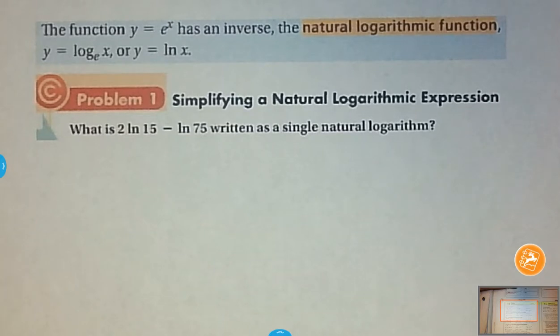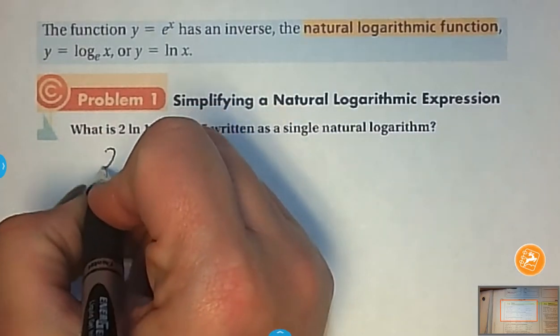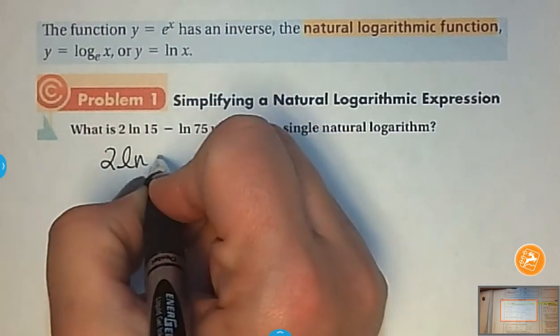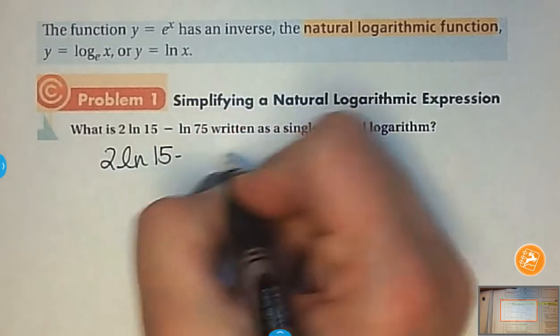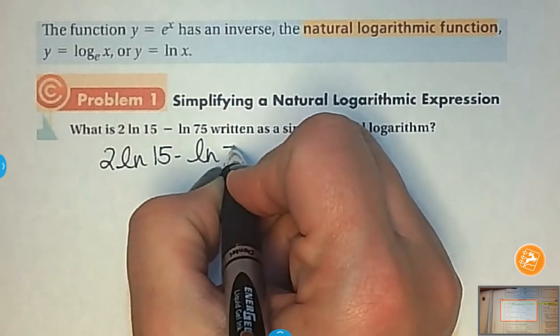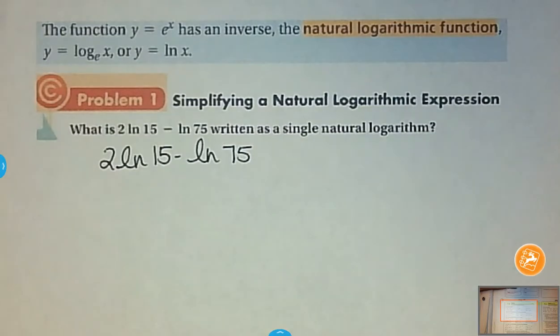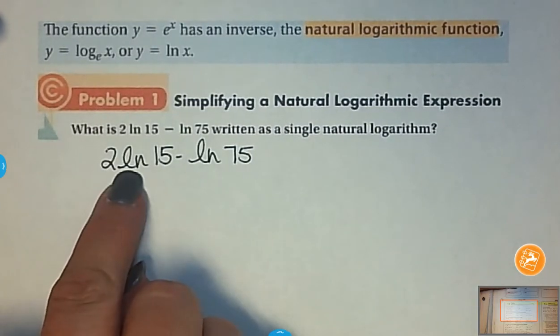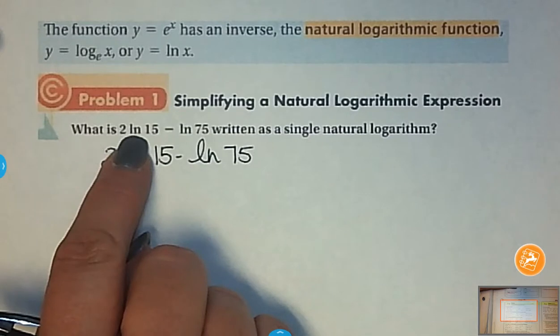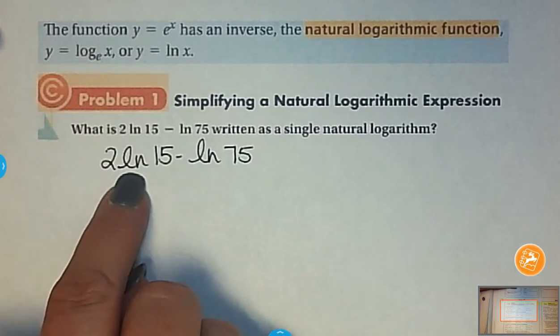So now, problem number 1, they give me 2 times the natural log of 15 minus the natural log of 75. And guys, do you notice that I write my L as a script L? I do that because if I don't, it looks like a 1 to me. When I look at this one that the book typed, it looks like 21N 15. So I always write it as a script.